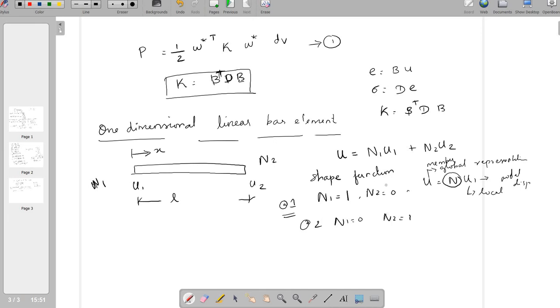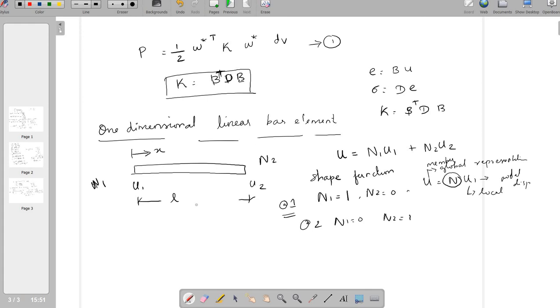If you substitute the coordinates, when x equal to 0, the N1 value should be 1 at node 1. If you substitute x equal to L, the N2 value should be equal to 1 at node 2. In this procedure we have to formulate the shape function.